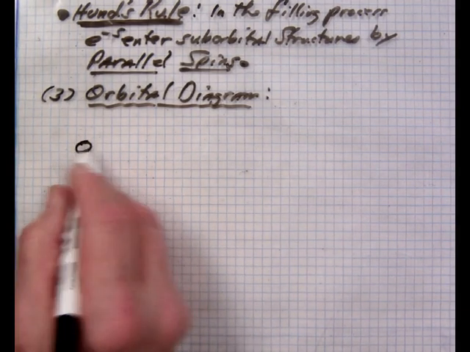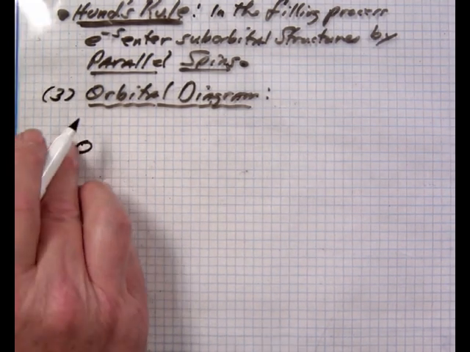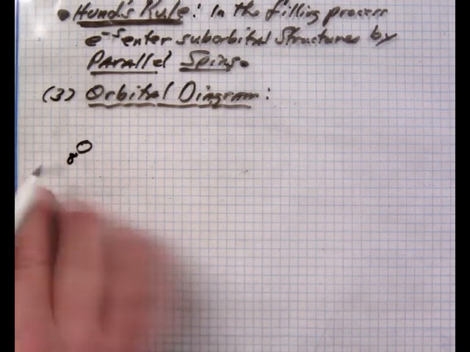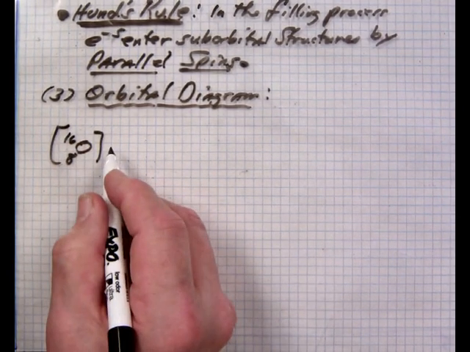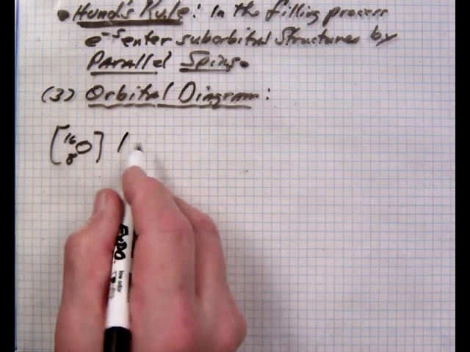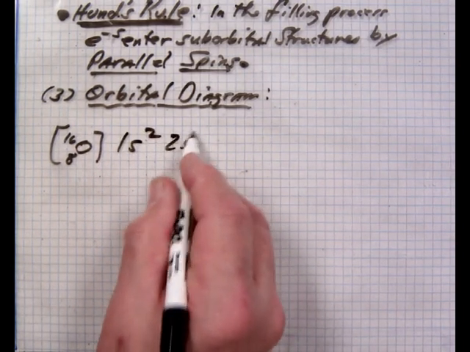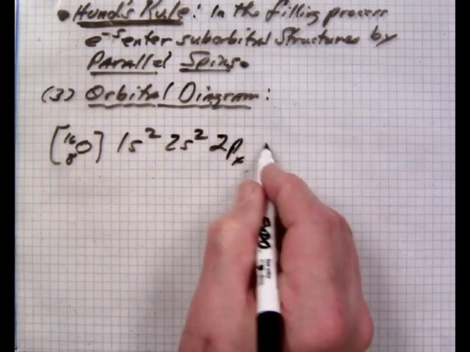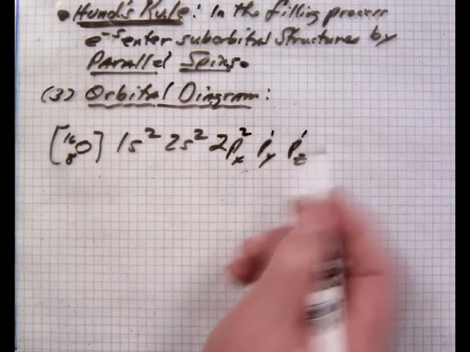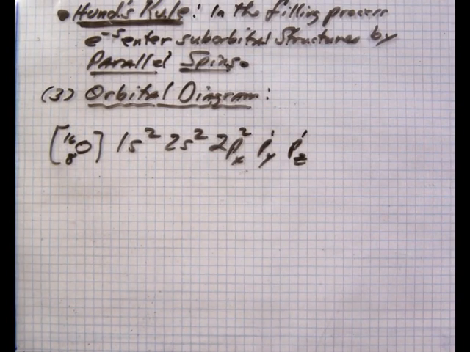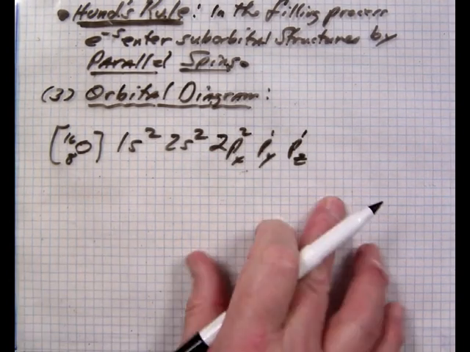If we're talking about oxygen, 8, oxygen 8, 16, what we typically write is 1s2, 2s2, 2px, py, pz, 211. So there's your oxygen in the expanded configuration.